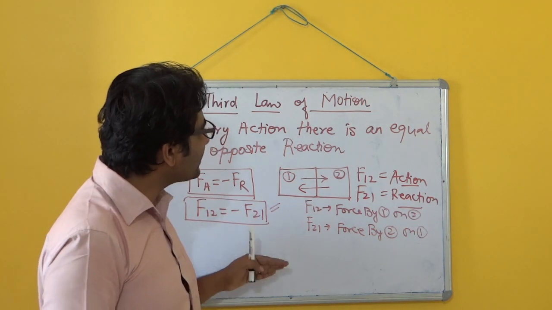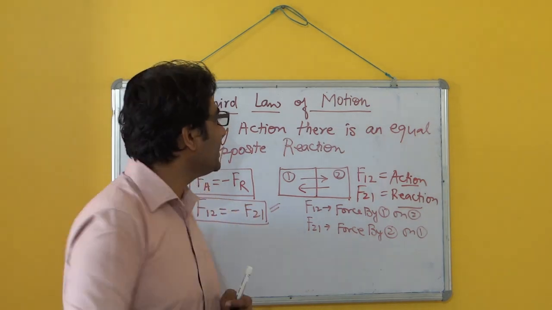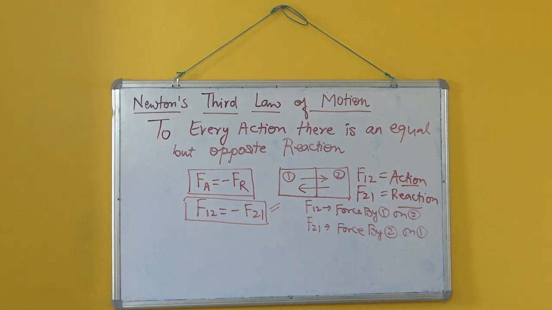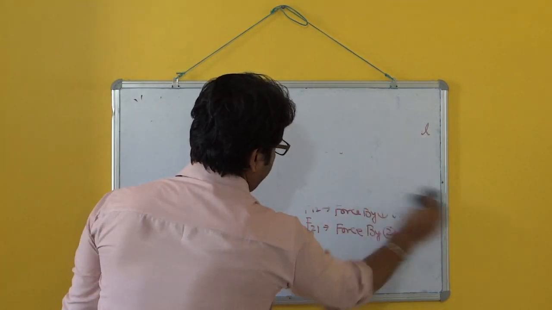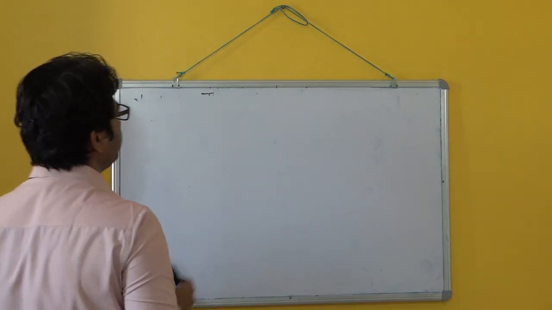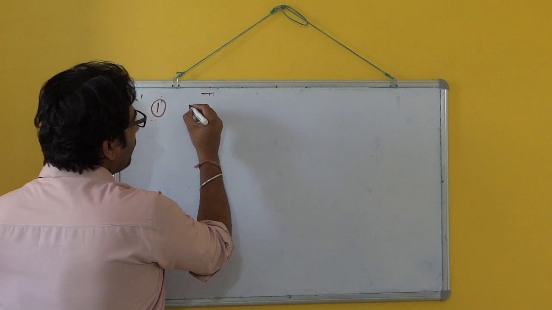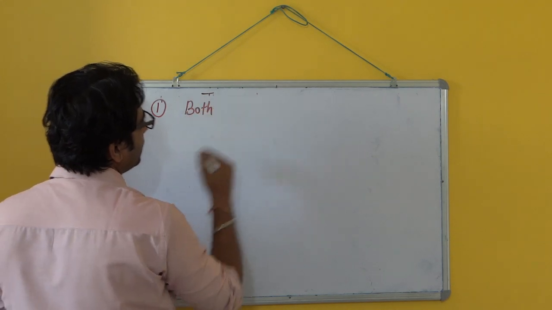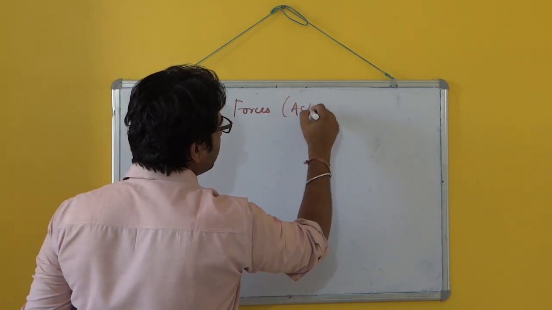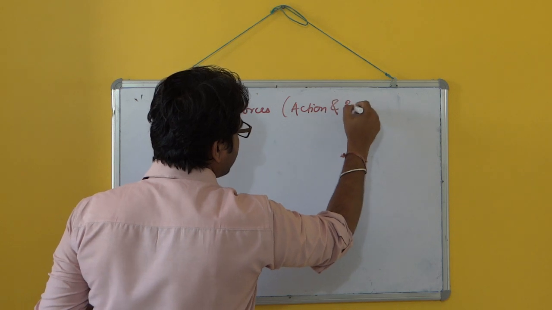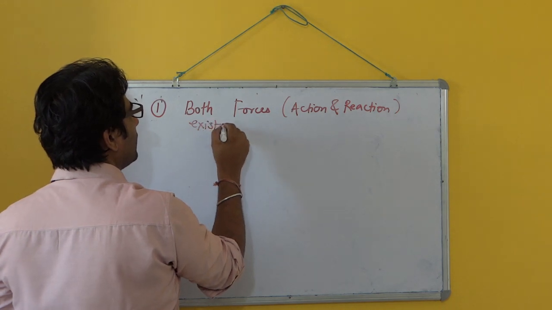To understand this, there are a few points that you have to remember. So we'll see those points. Number 1, both forces, that means action and reaction, exist in pair.